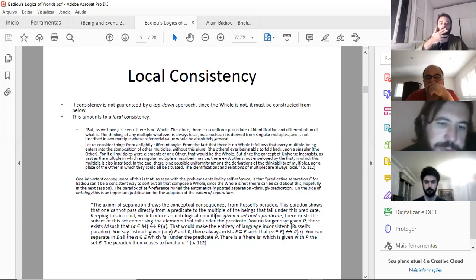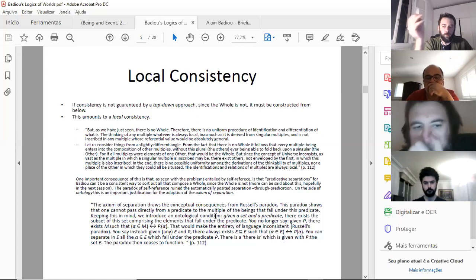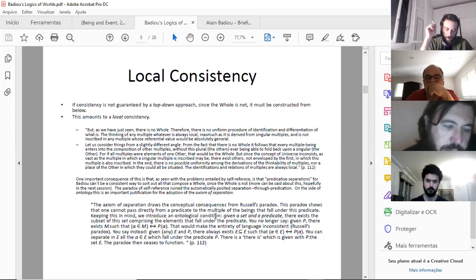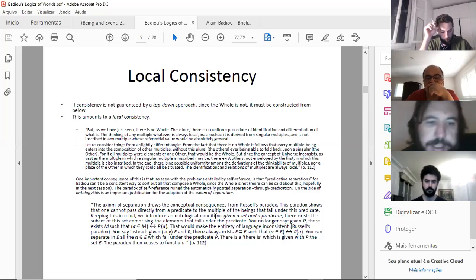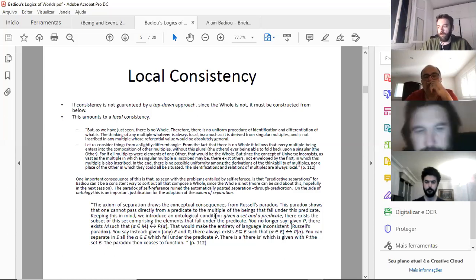So because multiples must have a local consistency, there is also this short meditation on the axiom of separation, which is Badiou's way of defending formally this local consistency and avoiding the emergence of Russell's paradox, by avoiding basically Frege's idea that any well-formed predicate must have a class or a set that instantiates the predicate. This is why Russell comes up with a predicate that gives rise to an inconsistency.